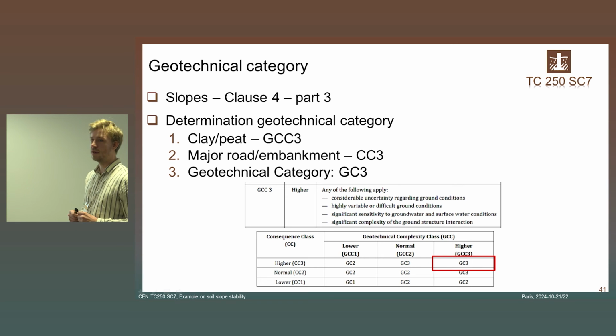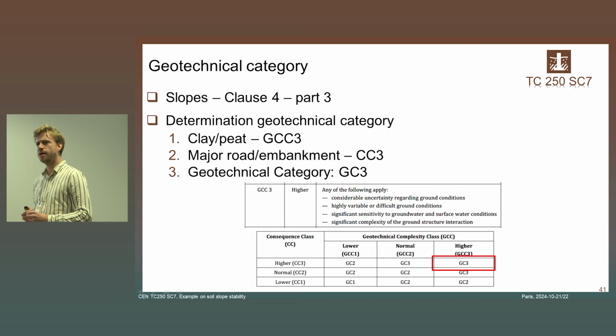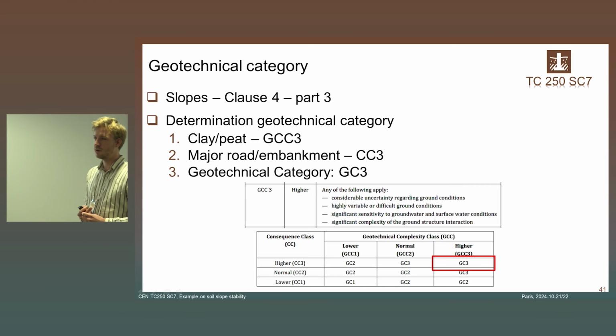Soft soils, quite variable as well, and as I was sitting here, I thought of the fact that Almere, the municipality, even has its own additional rules for performing soil investigation for piled foundations. So, we can say the conditions are complex. Then the consequence class is for a major road embankment, so that was easy.